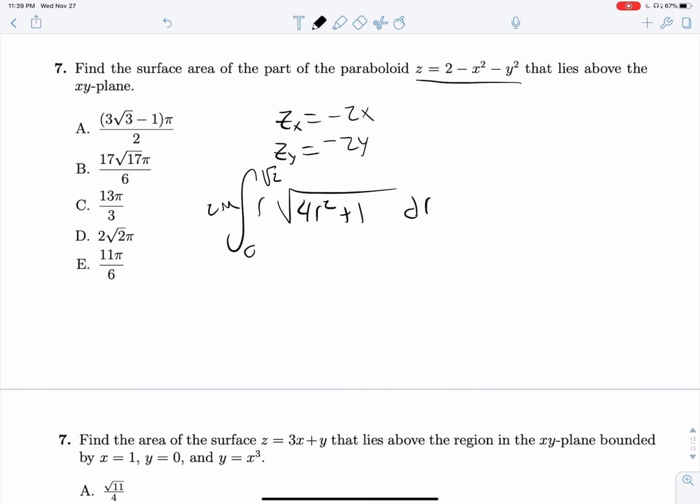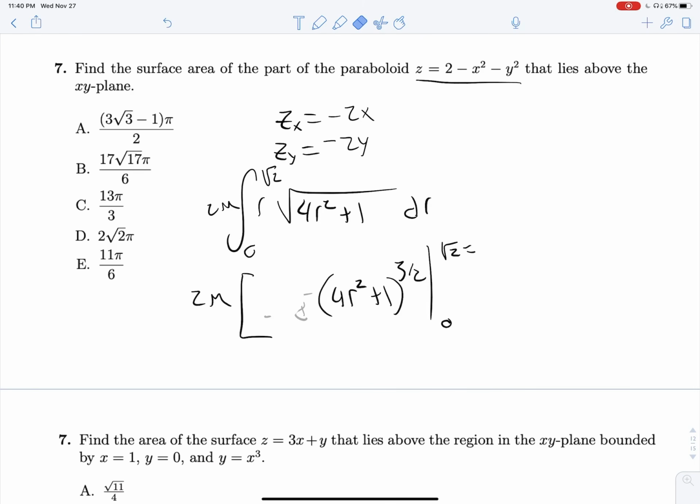So, okay, we are going to get 2 pi times the quantity two-thirds times 1/8 times 4r squared plus 1 to the 3 halves, evaluated on 0 to root 2.